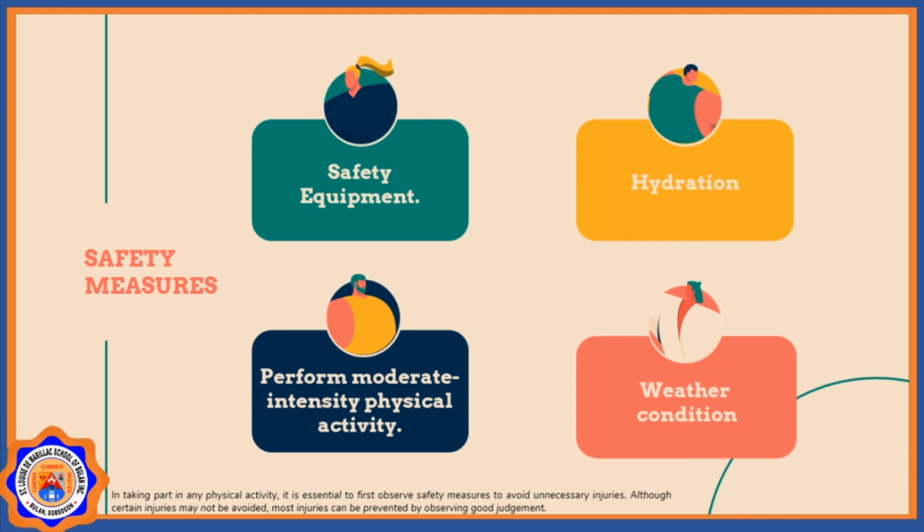During cold weather naman, a thermal suit will help you keep warm. So, avoid using thick clothes for it constrains perspiration and can cause your body temperature to go up. Okay? The main goal of exercise is for you to perspire. So, do not prevent perspiration. Okay? So, lightweight lang ang clothing.